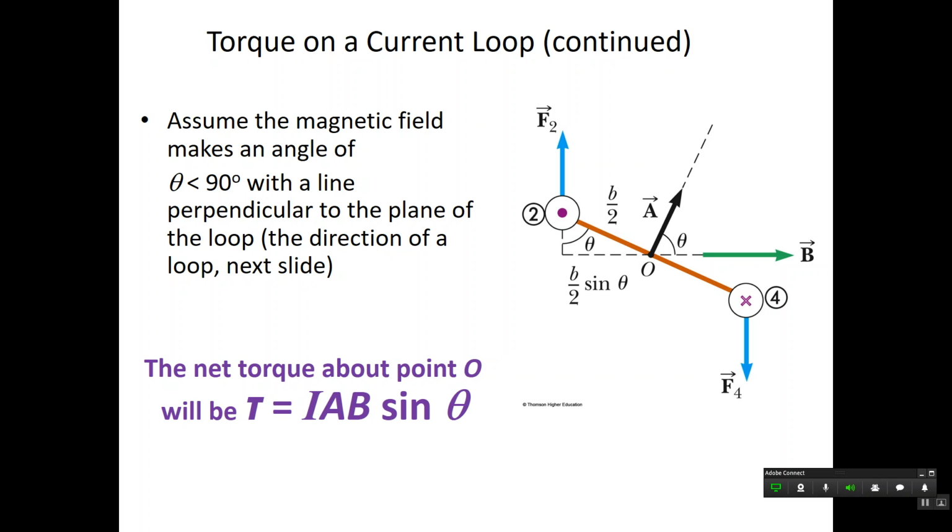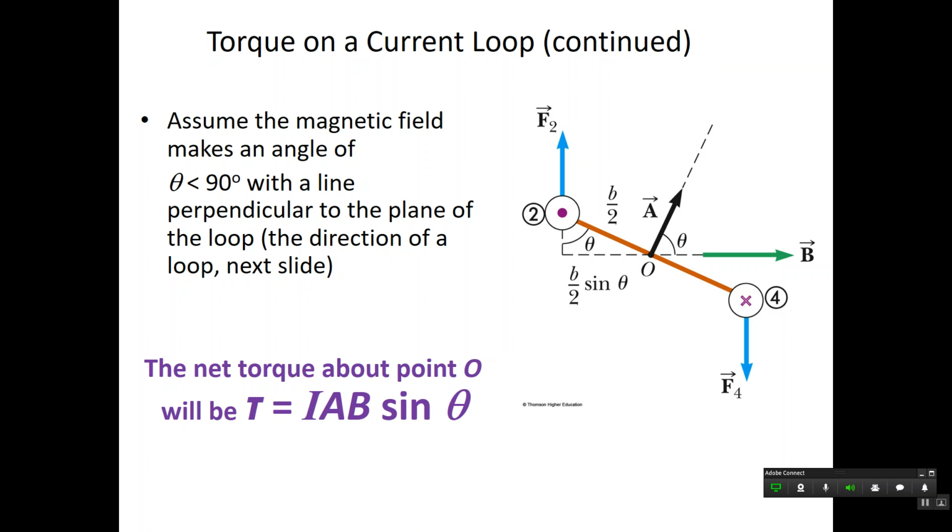Okay, so here, this is what I want to figure out. We're almost done, guys. Here's your magnetic field, B. Here's your loop. Here's your point of rotation. What's the force on this direction?